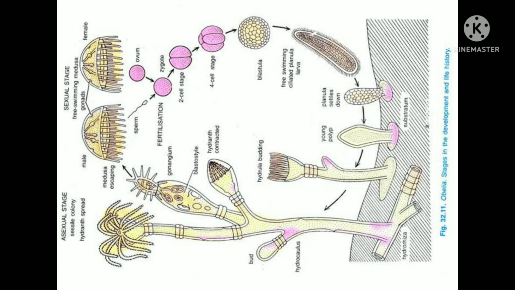The asexual generation is dependent on and is alternated by the sexual generation. Obelia is a permanently fixed colony, but the planula larvae it produces are free swimming, thus a non-locomotory species becomes locomotory.